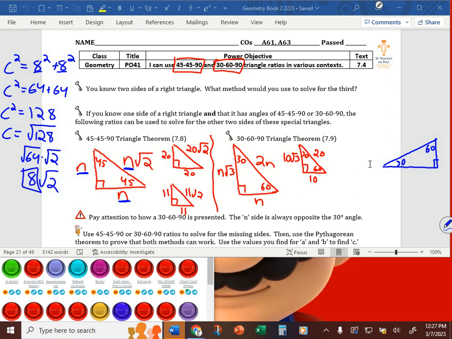Right? If I tell you that this is 16, I've given you the hypotenuse, which would mean the short leg is 8, half that, and it means the long leg is 8 root 3. Okay?